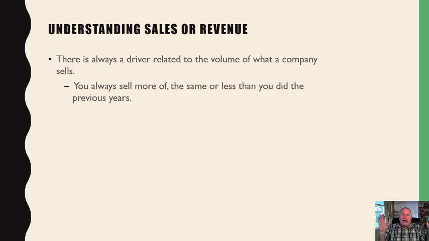Now, if our volume stays the same and revenue went up, we would know that it was because of an increase in price. Then we can explore, why did the sales price go up? And if it went up, we have to take a look at the breakdown between them.